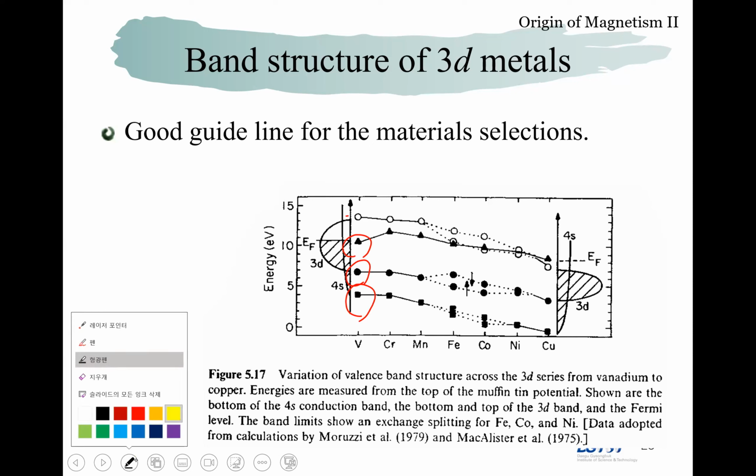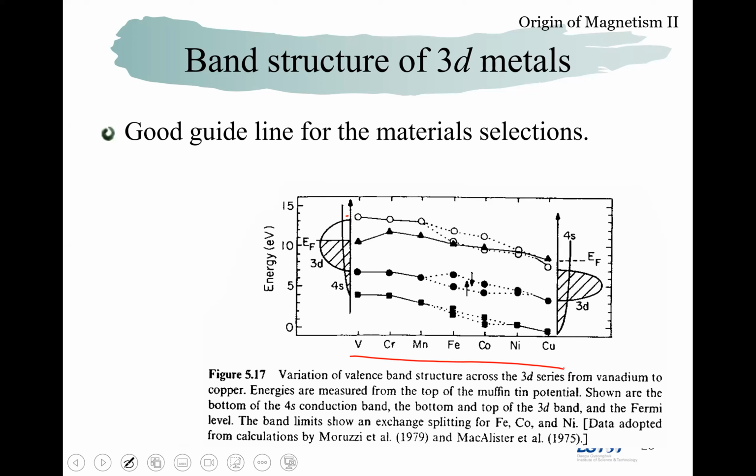So this graph tells us the number of electrons in different atoms. And as the number of electrons increases, the bottom of the 4s electrons is decreased, and all this energy is decreased, which means the Fermi level is increased actually.